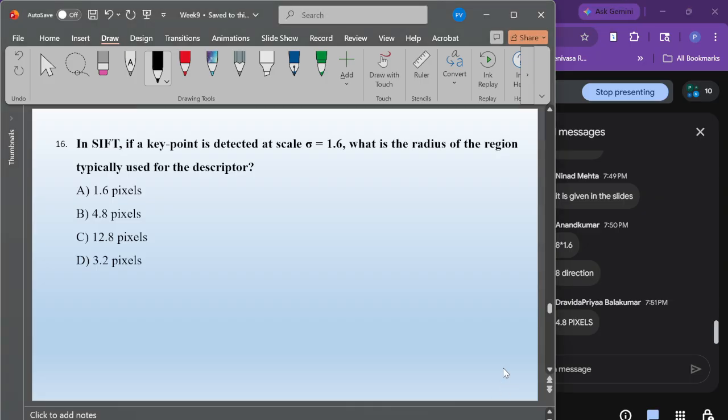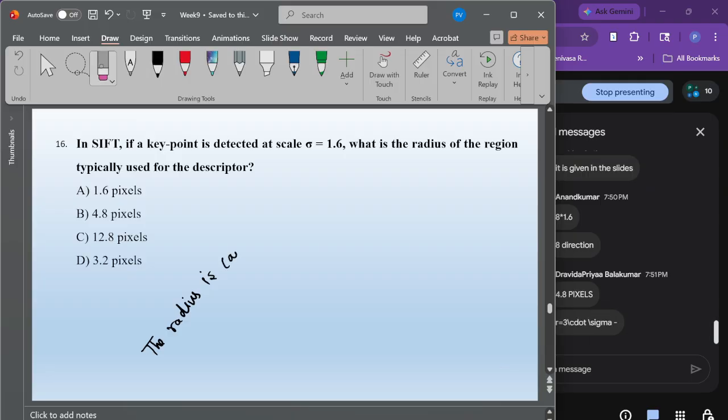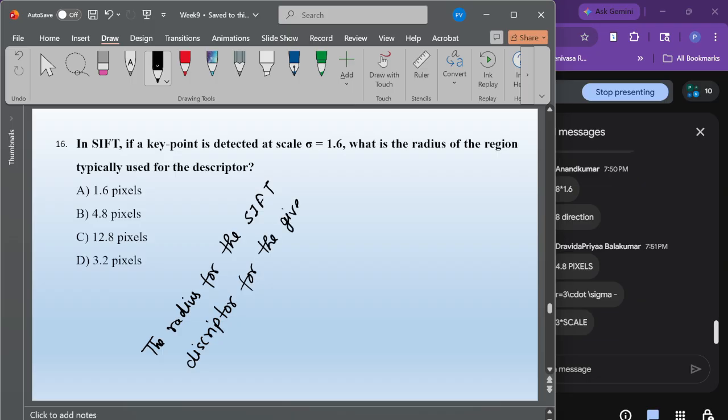So the radius for the SIFT descriptor for the given scale is calculated by the scale, that is sigma, into the magnification factor.